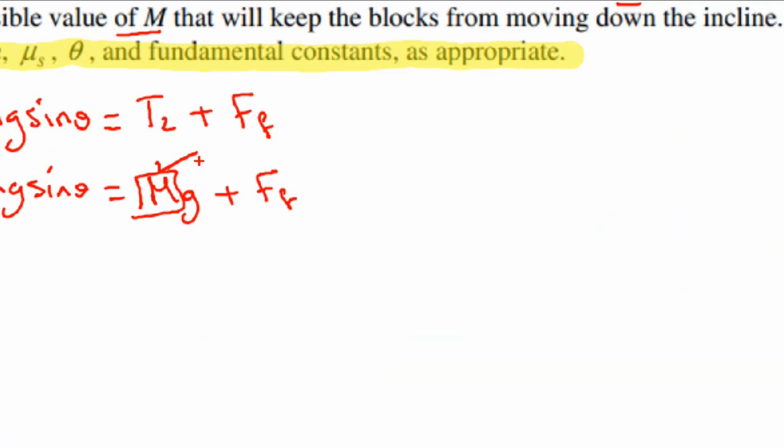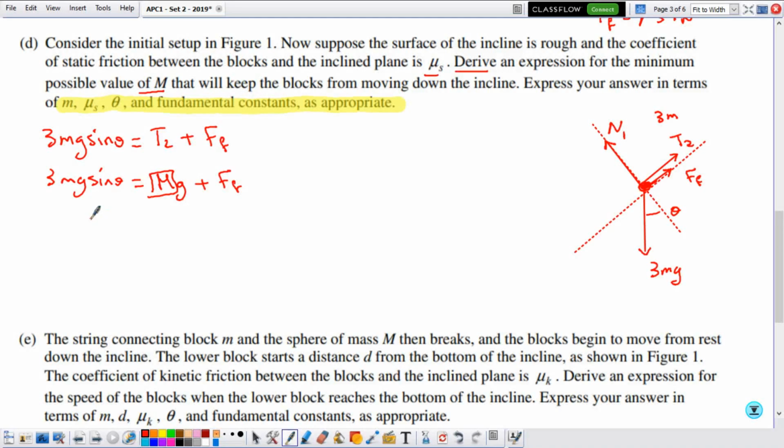We're interested in determining M, but now we need to find FF. FF, because we're at the verge of motion, is given by mu s Fn. Now what about the normal push? In this case, the normal push is given by N1. So N1 would be equal to 3mg cosine theta, and this is balanced forces.